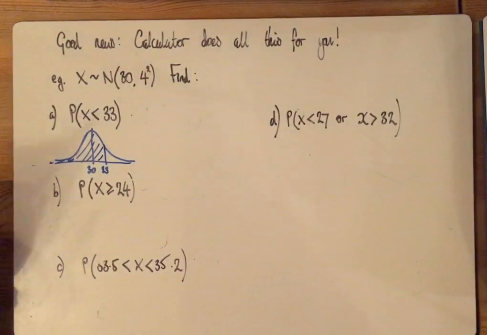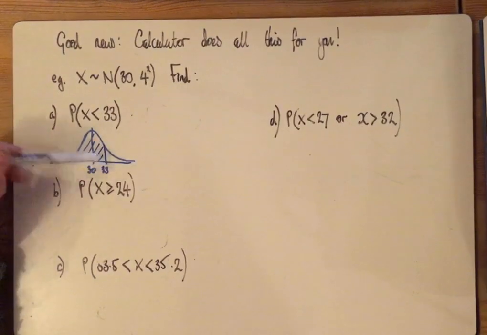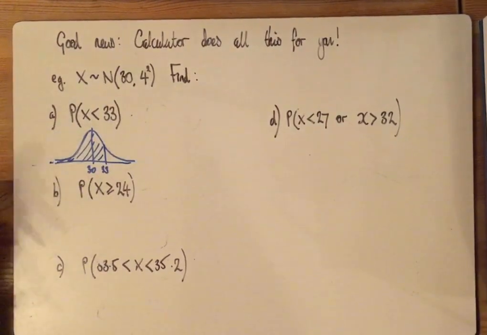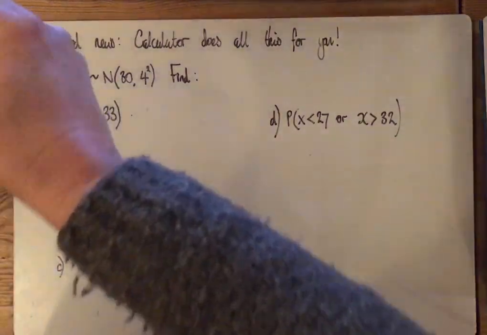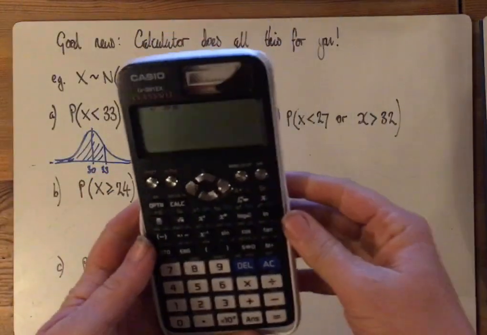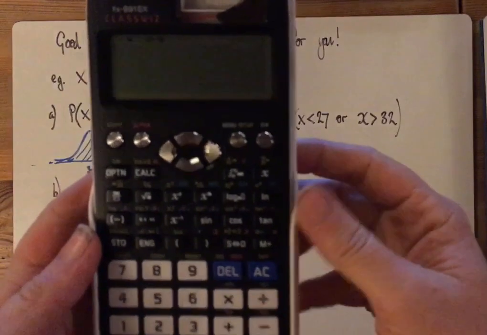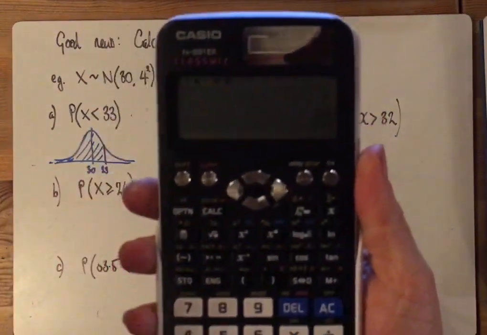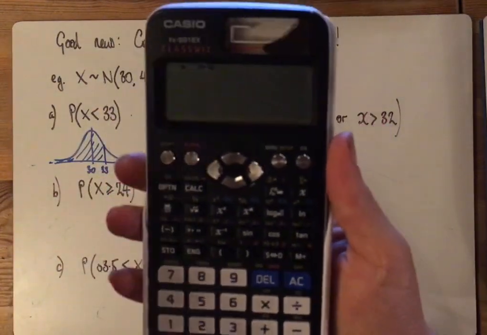We don't need to worry about that bit. So we're trying to find this area, and the area under the graph is represented as being 1, the total area. So, calculator. This is a bit dark, I'm afraid, but I've got a link to another one that you can watch as well if you don't quite get it from this.